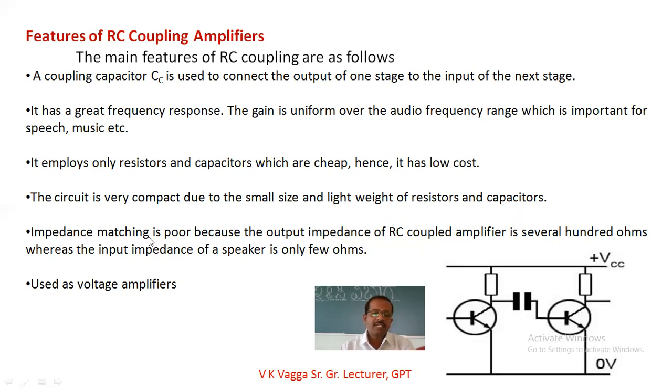And in this case, impedance matching is poor, because the RC coupled amplifier has several hundred ohms of output impedance, and the input impedance is only a few ohms, and it is mainly used as a voltage amplifier. Okay, this is about the RC coupling amplifier.